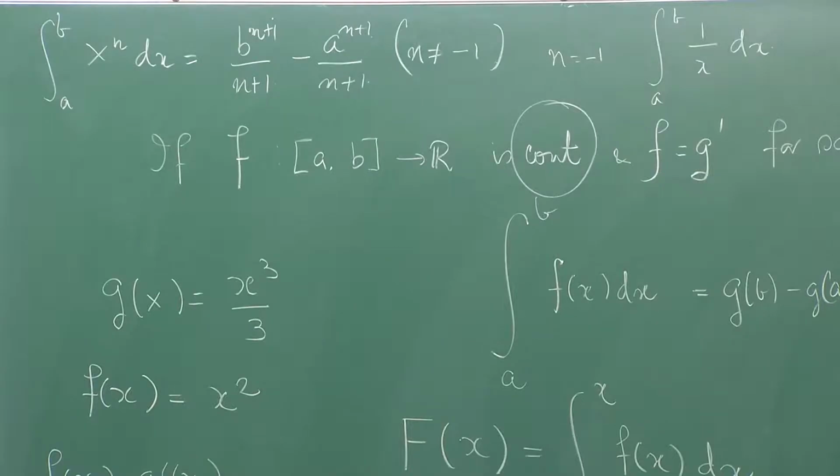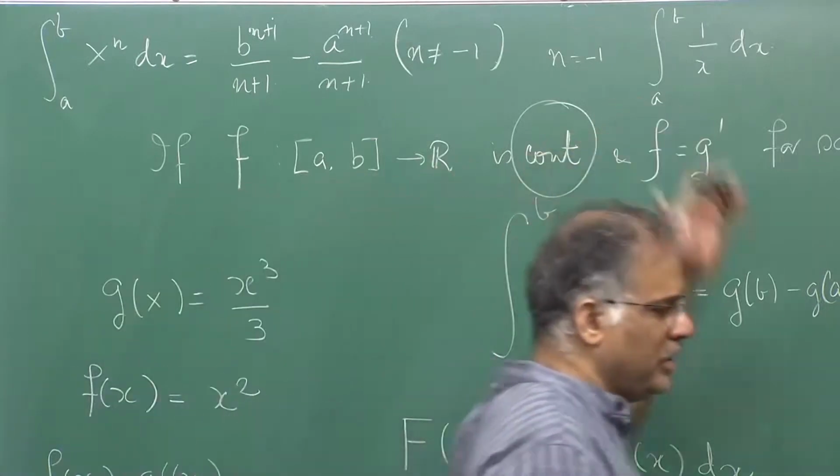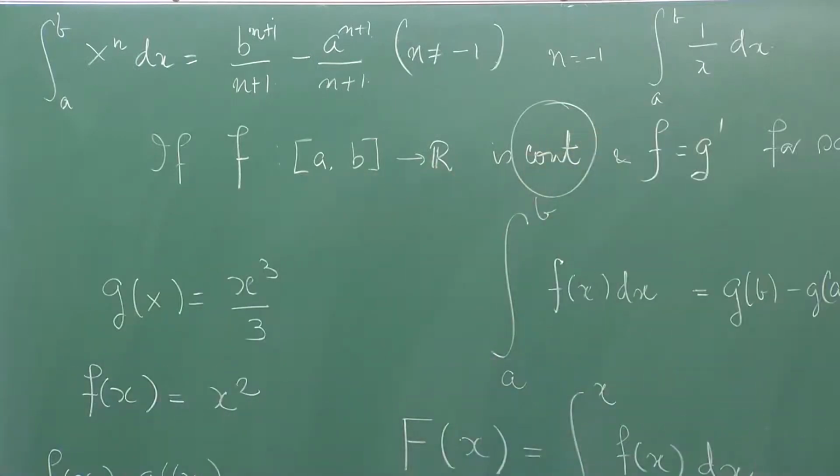Of course, you say, oh, I have read that the integral of 1 by x is log x, so log b minus log a. So, of course, you can do that if a is strictly bigger than 0 and b is strictly bigger than 0. If not, so in general, not knowing what a and b are, it is not possible to say anything about this integral. So, this is something you have to be very, very careful about, that just by applying that formula blindly, you may not always get something.